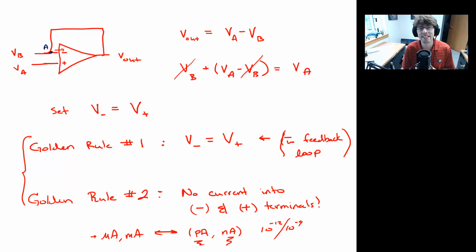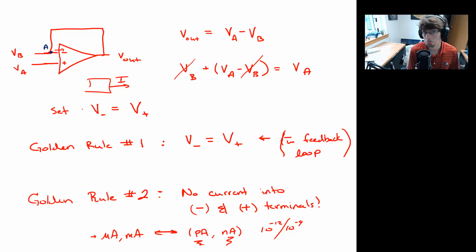Notice also, I say nothing about the output. The output, you are perfectly allowed to have current flowing from the output channel. So you can have current coming in from right here. That is permissible. You might say, hey, wait a minute, Greg. If I treat golden rule 2 that no current can go into the op amp, but current can come out, doesn't that violate charge conservation?